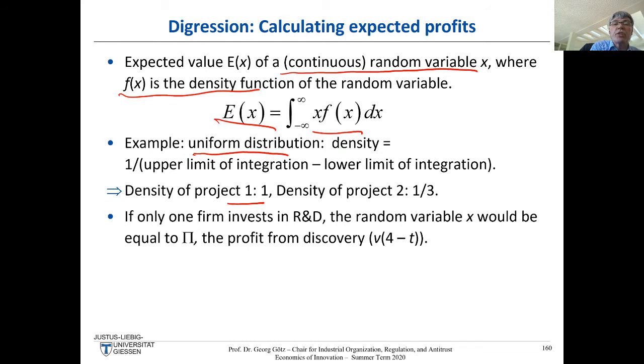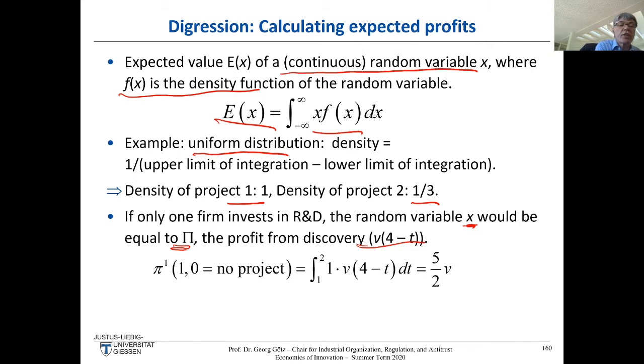The density of project 2 is 1/3, because here the upper limit is 3 and the lower limit is 0. If only one firm invests in R&D, the random variable x is just equal to this profit, and the profit is just V times 4 minus t. We will do that now in many different cases, so it should be rather clear after the next slide.